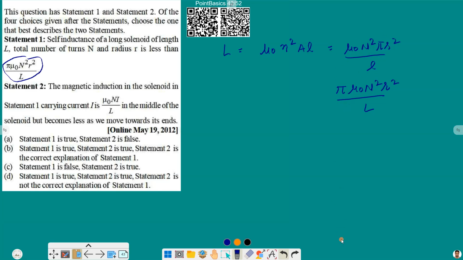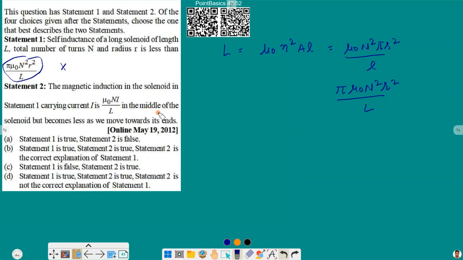So statement one is false, as this is the actual value of the self inductance of the solenoid, and neither solenoid is less than this. In the ideal case, self inductance is not less than this value.